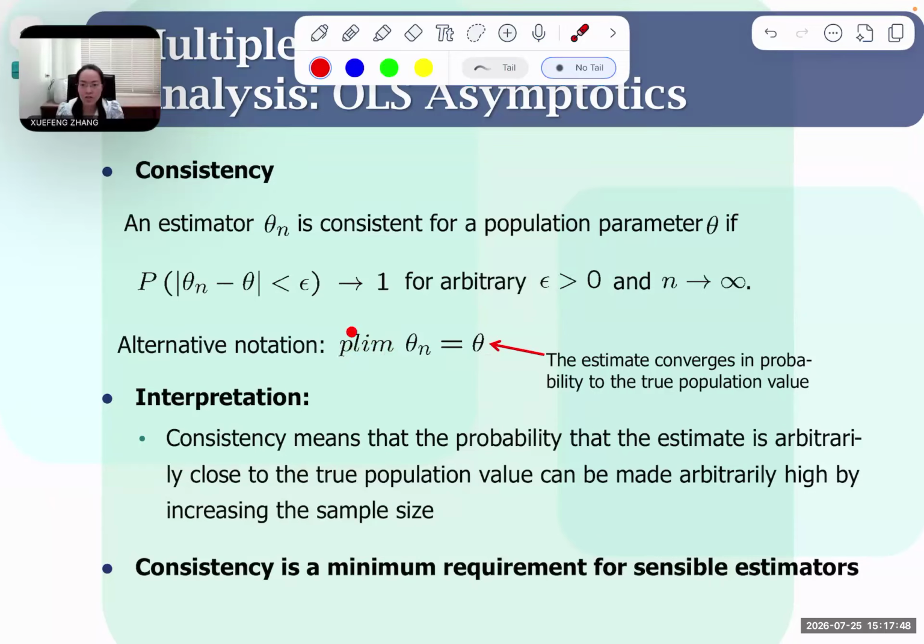Plim means probability limit. This just means the estimate converges to the true value as n grows.